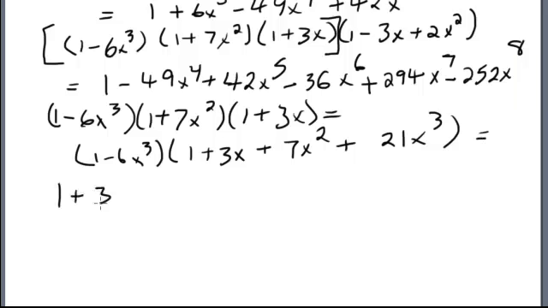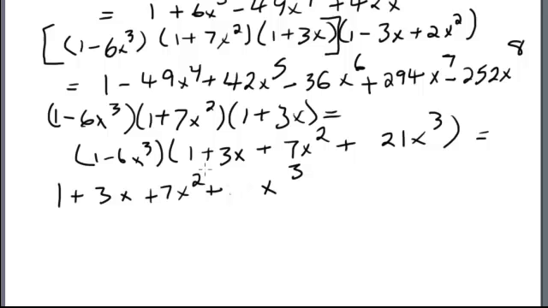And then we come down here. 1 plus 6x cubed times 3x is negative 18x to the 4th, so we just have to bring down all the ones before the x to the 4th term. So it's plus 7x squared plus 21x cubed. Actually, we've got an x cubed here, so this guy's going to contribute some to this term.